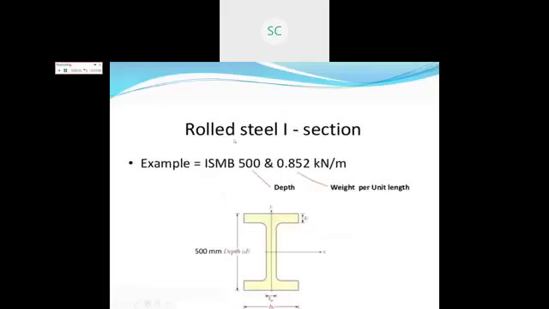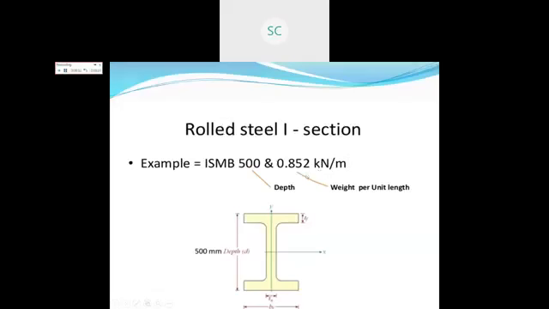Now you have, for example, rolled steel I section, ISMB 500 at the rate of 0.852 kilonewton per meter. What does it mean? In a steel structure design problem you will be given ISMB 500 at the rate of 0.852 kilonewton per meter.